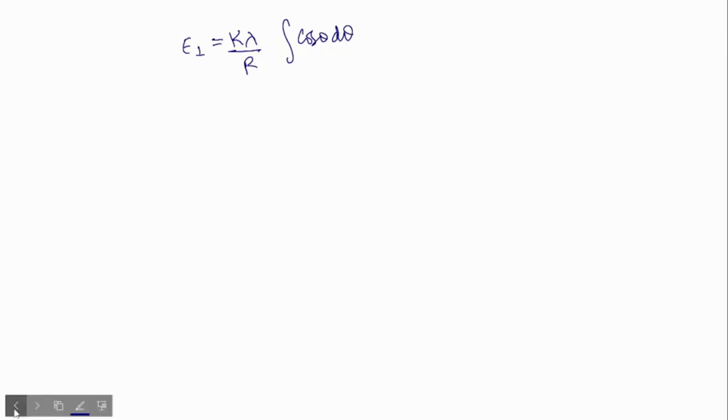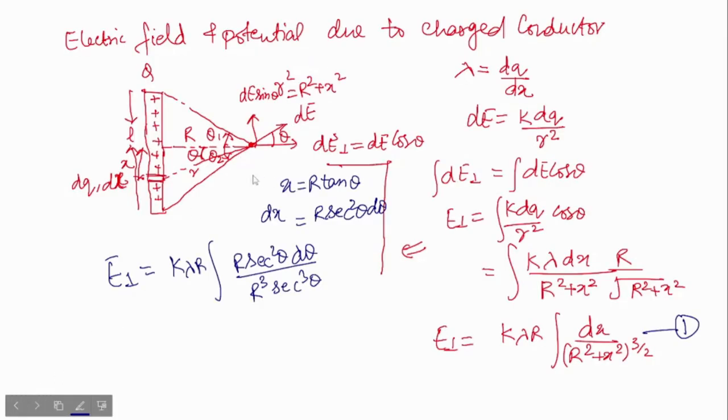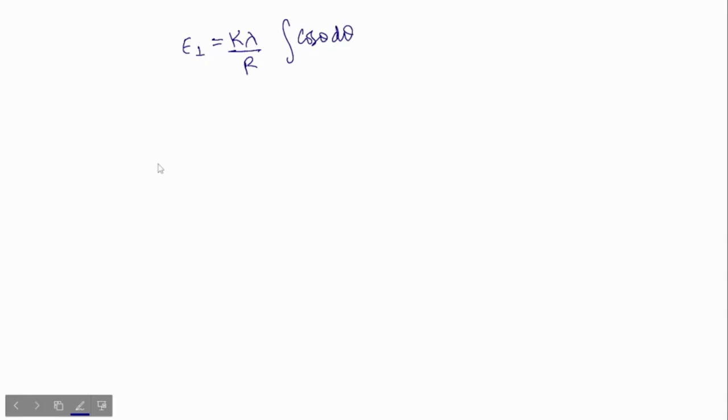Now what will be the variation of theta? Theta is varying from minus theta 1 to theta 2. Why have we taken minus? Because this theta 1 is in this direction and this theta 2 is in the anti-clockwise direction. So theta is varying from minus theta 1 to theta 2.